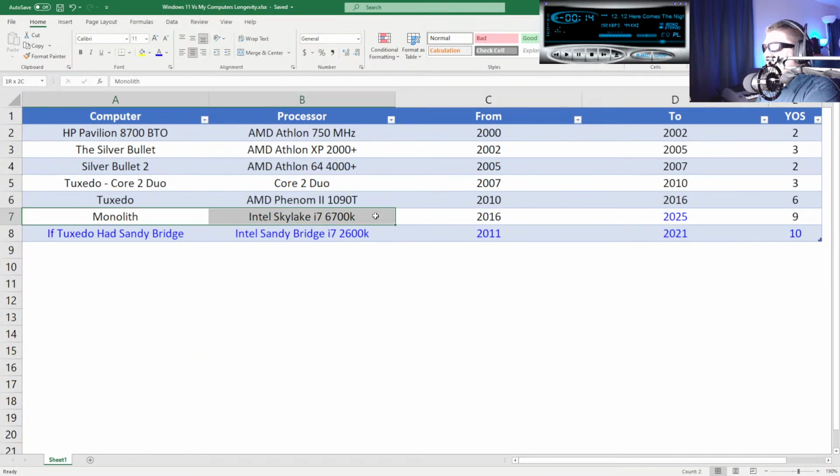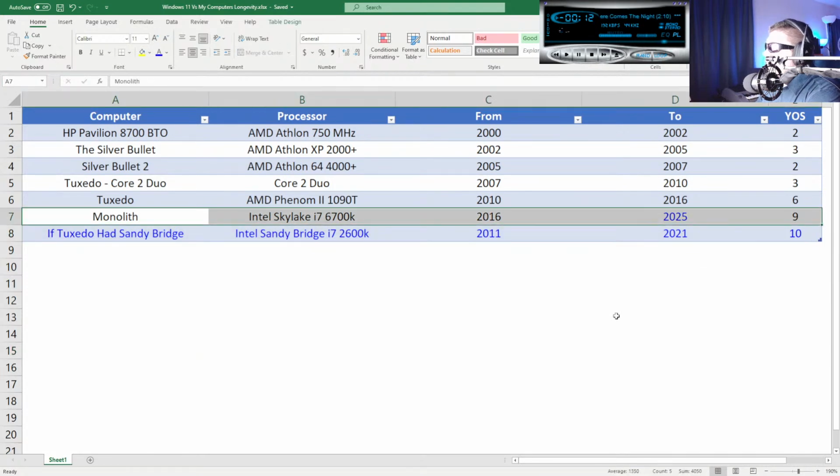Matter of fact, if I push Monolith to 2025, when Windows 10 goes end of support, assuming it isn't extended because of what's going on with TPM, and I just enabled TPM on this processor. The only reason I can't run Windows 11 is because Microsoft says so. The motherboard that I use actually had TPM support that was deactivated for years until the technology became more widespread, but it was optional, and now it's something that a recent BIOS update, maybe it was there, and it wasn't emphasized as much.